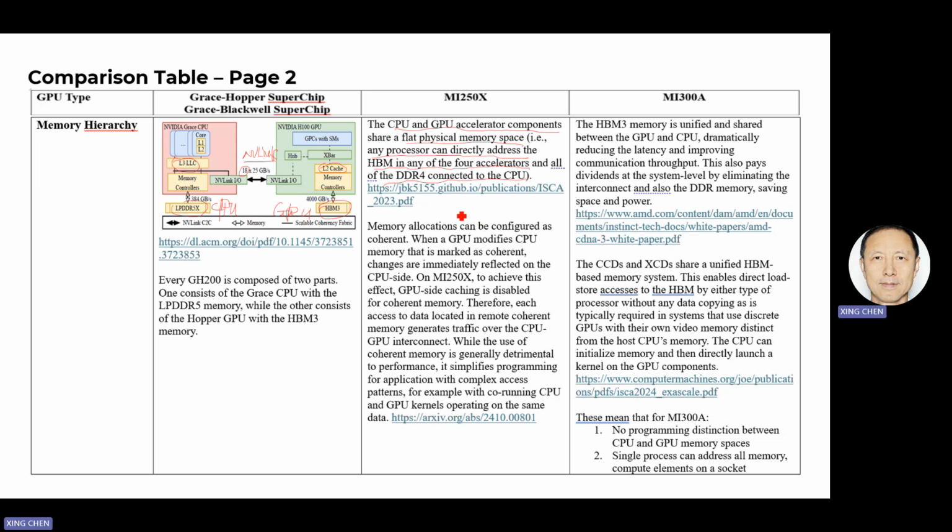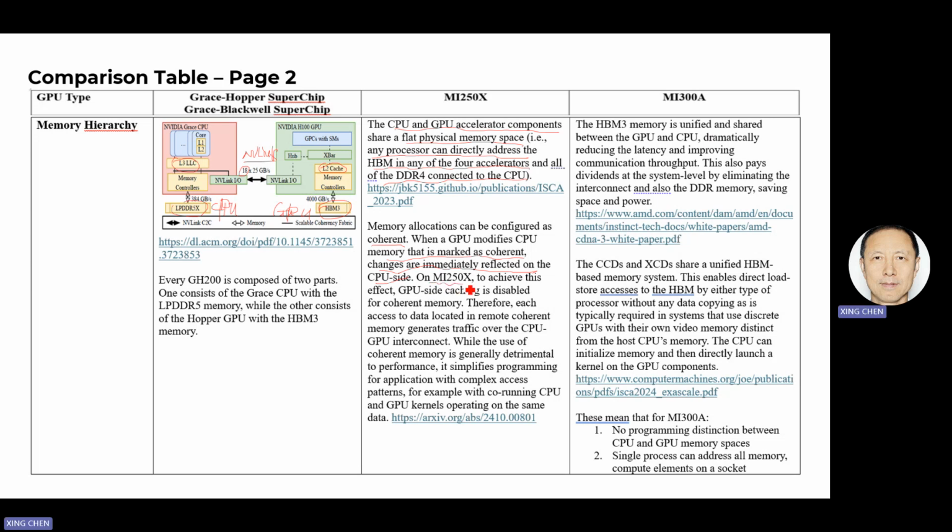But there is something very interesting: if you do a memory allocation, the memory allocation can be configured as coherent. When a GPU modifies CPU memory that's marked as coherent, changes are immediately reflected on the CPU side.